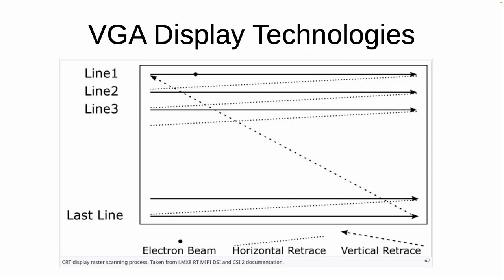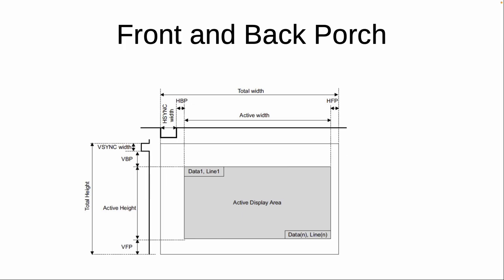The basic idea in VGA is you do this raster display: you scroll across, you change your colors, and then you return. And also on the new frame the electron beam returns. HDMI does something similar, but it also has front and back porches.